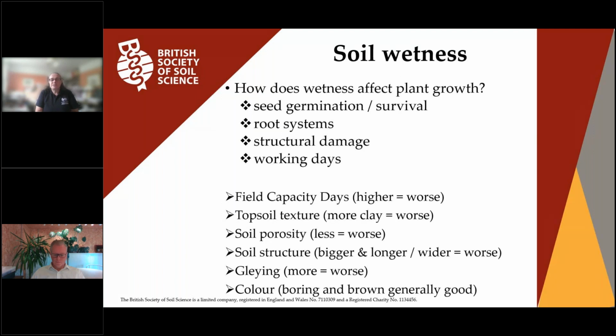You might find that when you're traversing the land, applying fertilizers, you may get structural damage where you've got compression of the soil, which squeezes out all the air and the pore spaces, and it affects how many days in the year that the farmer can get onto the land. So soil wetness is a very important limitation that we need to consider. And the way that we look at this is looking at the field capacity days, which is obtained as part of the climate data.